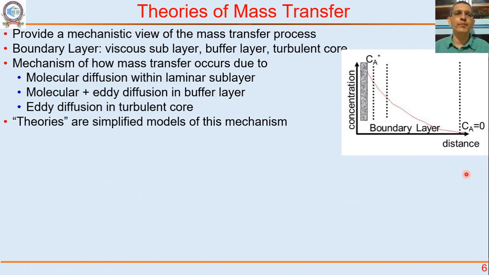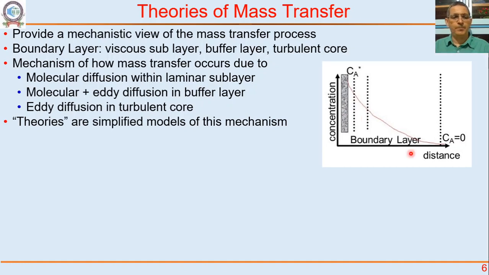What these theories do is to provide a mechanistic view of the mass transfer process. So if your boundary layer is like this, you can read the letters.